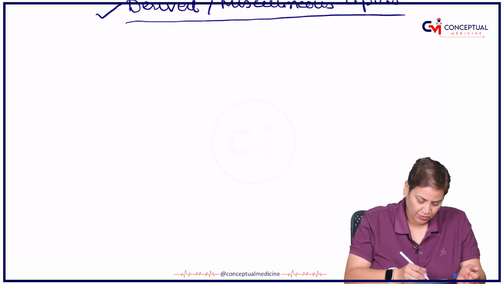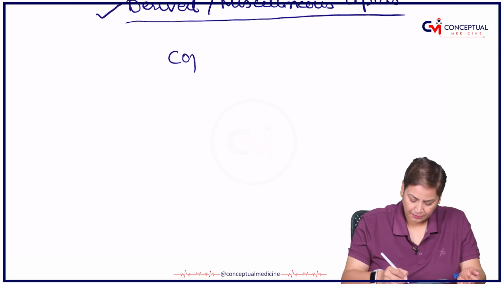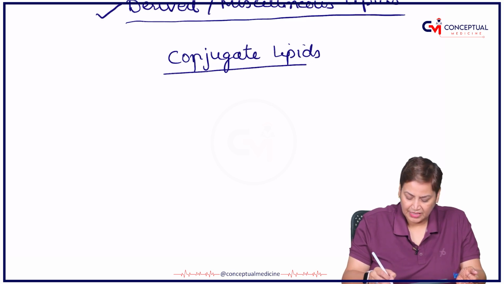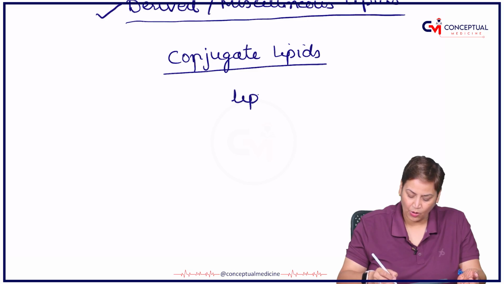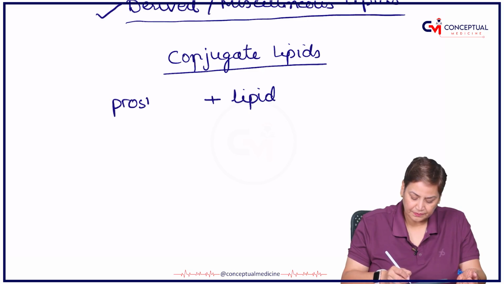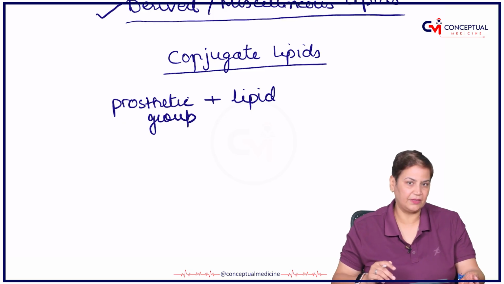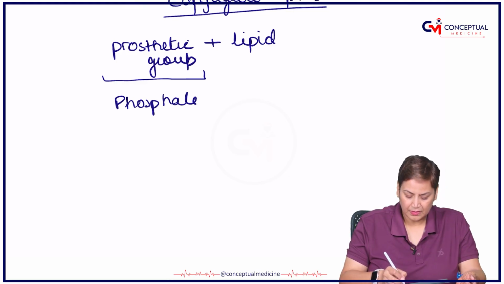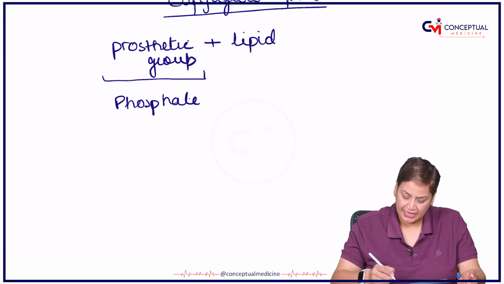So conjugate lipids will obviously have a lipid part, and along with this lipid part, they will have a prosthetic group which will be non-lipid in nature. If this prosthetic group is phosphate, it will become a phospholipid.